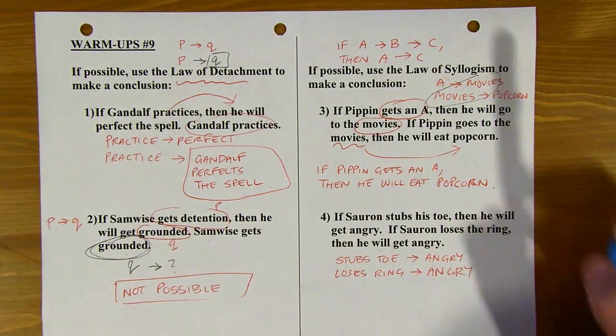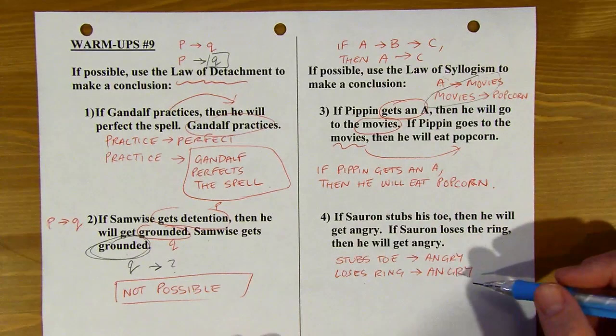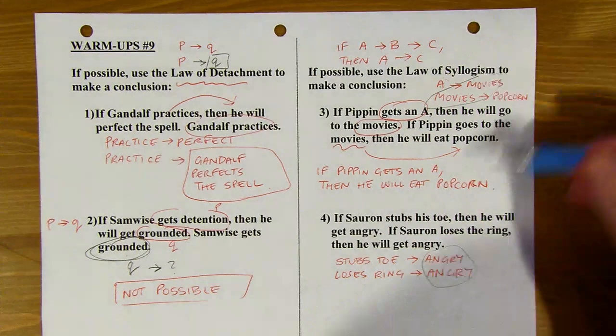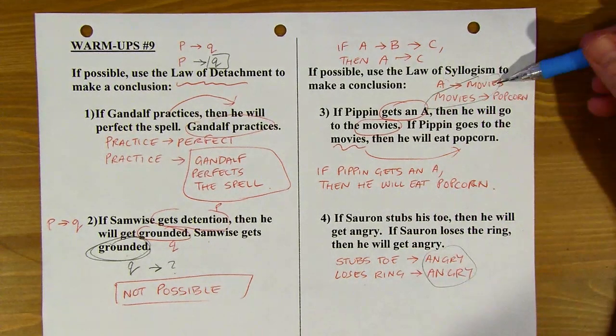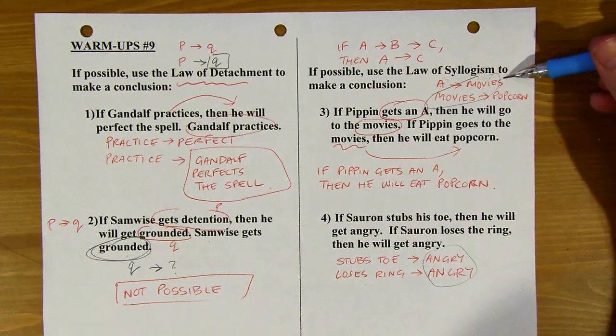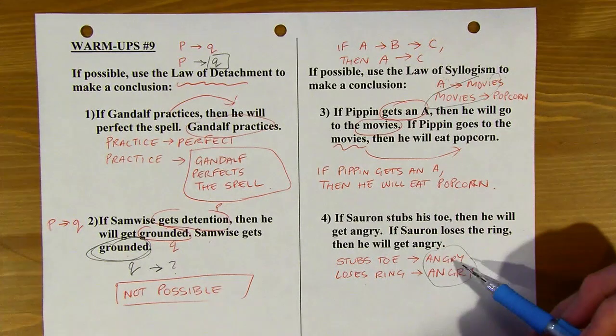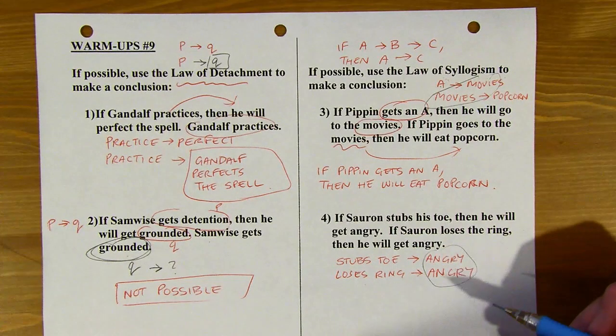Okay, this is tempting to try to use the law of syllogism. We do have these matching pieces, but the problem is if you look at this last example, the matching parts here, one of them was a conclusion and one of them was a hypothesis. That's not the case here. Okay. So you want to kind of think of it as a story.